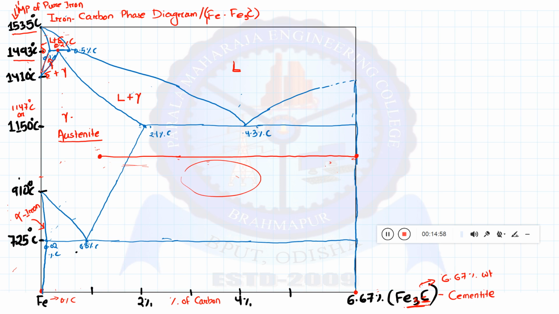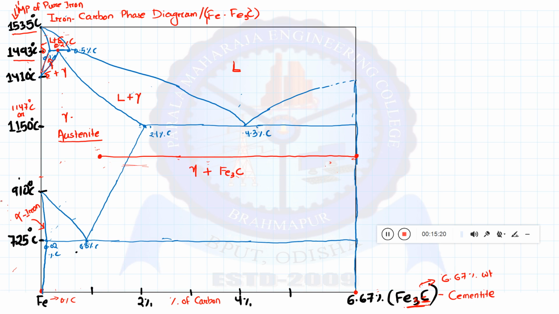So what will be this phase? This will be the mixture of gamma plus cementite or gamma plus Fe3C. So we will write that this will be gamma plus Fe3C.